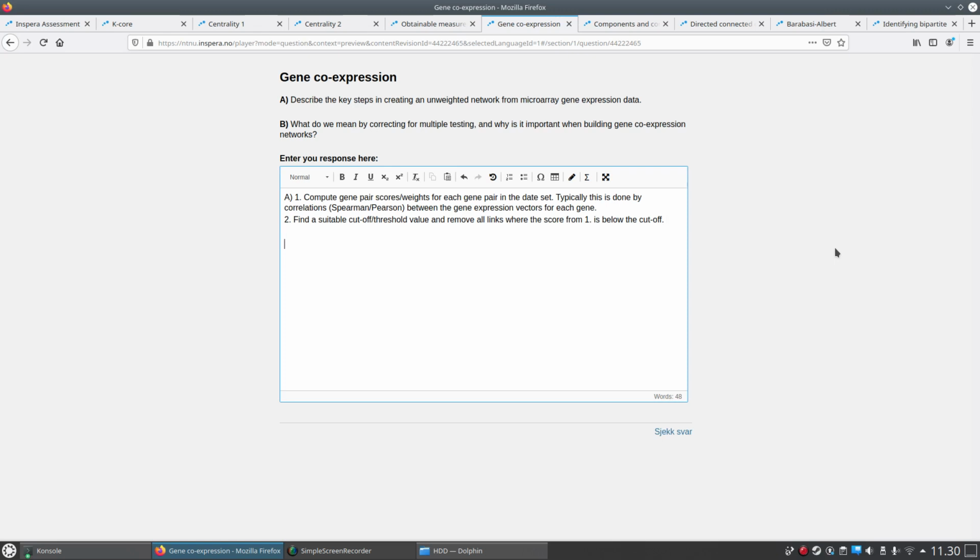So we can say correcting for multiple testing involves adjusting the p-value for rejecting a null hypothesis when you perform a large amount of independent tests.